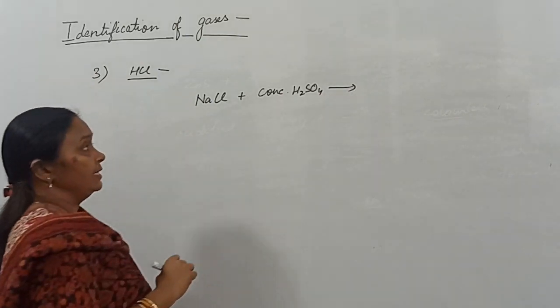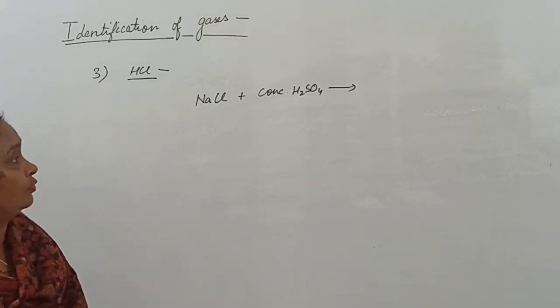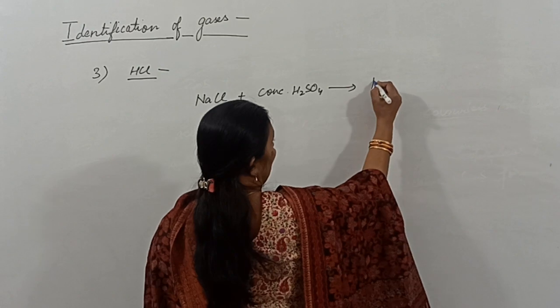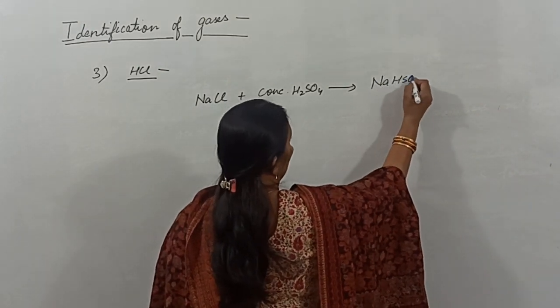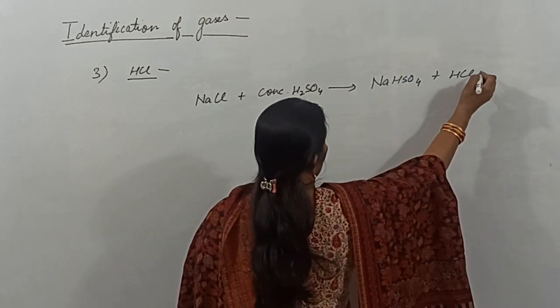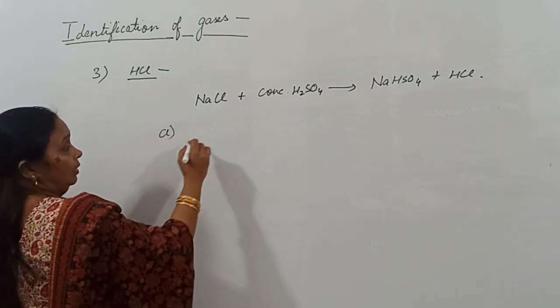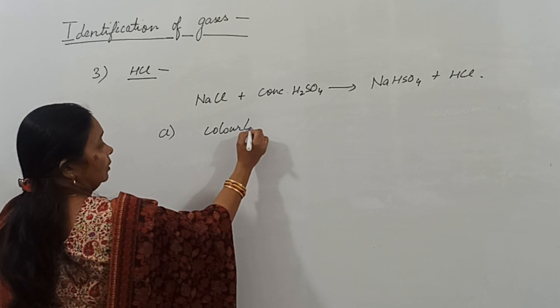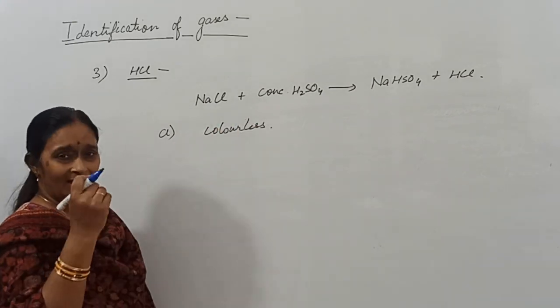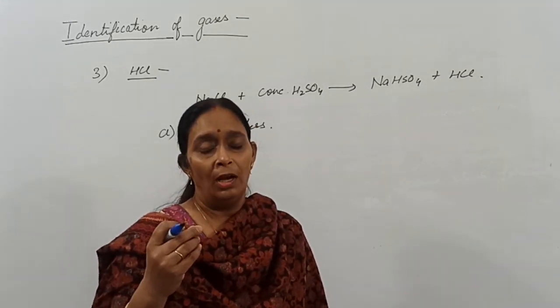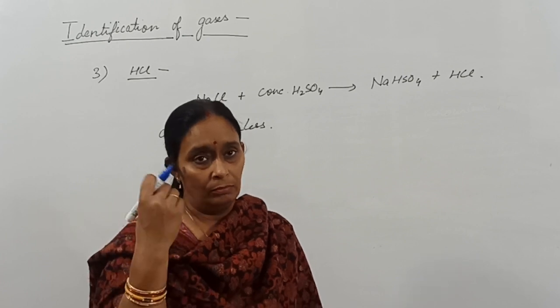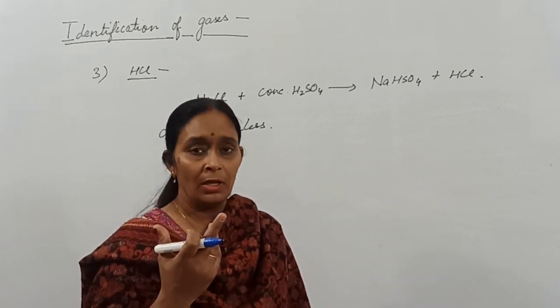If you react NaCl with concentrated H2SO4, you will get NaHSO4 and HCl gas is formed. This HCl gas is colorless. It has a slight odor which is a little suffocating, you can say.